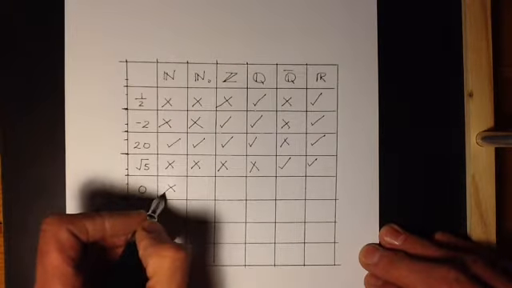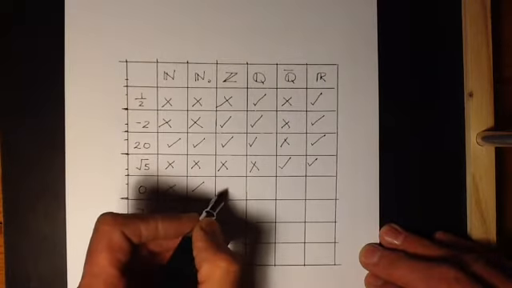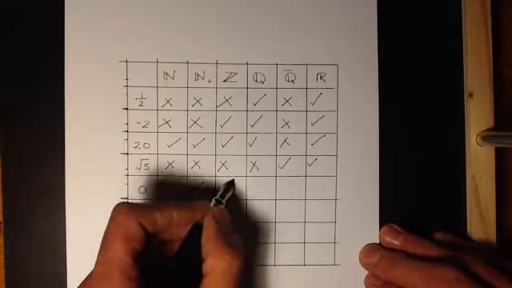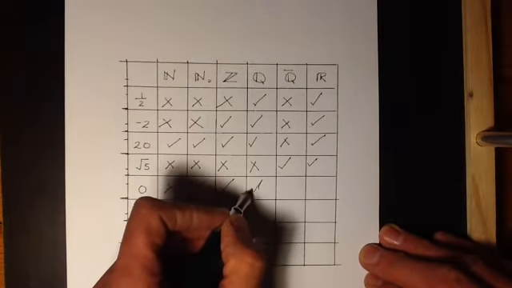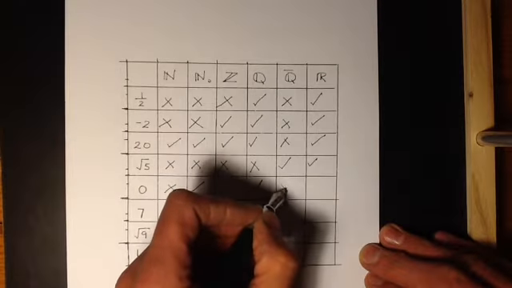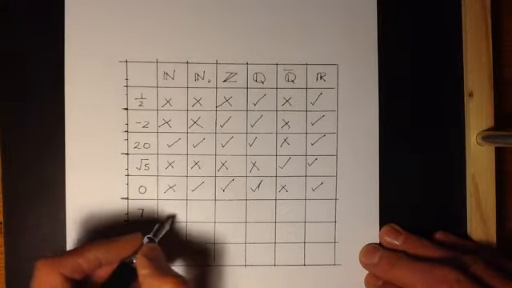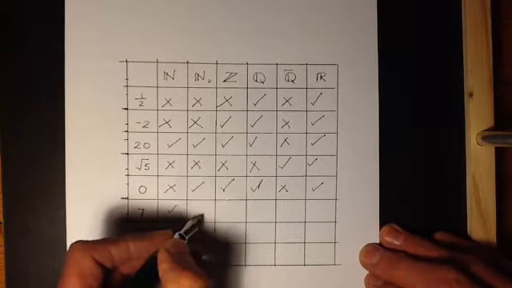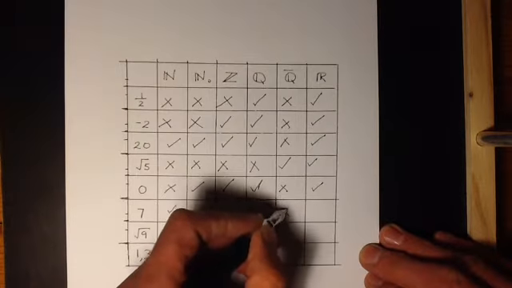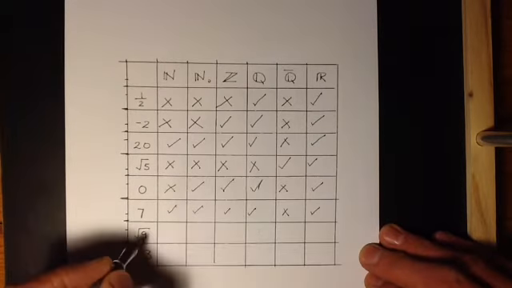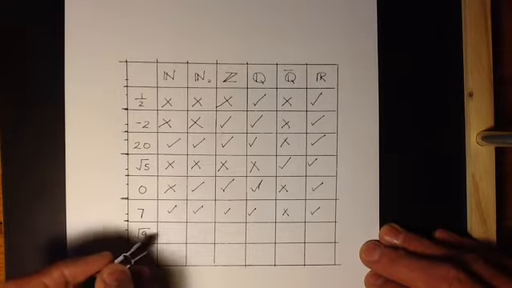No, it's not a natural number, but it is a whole number. So it must be an integer, and it must be rational, so it cannot be irrational, and it's real. 7. Yes, yes, yes, yes, no, yes.